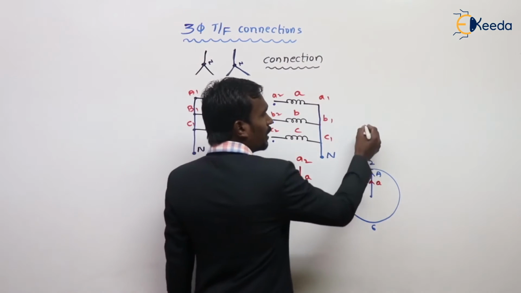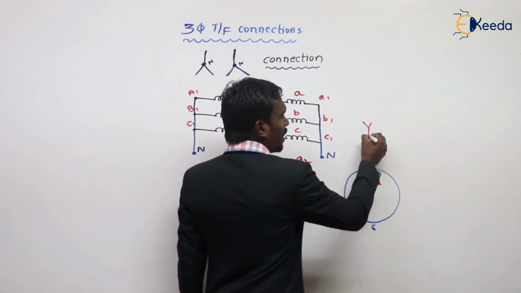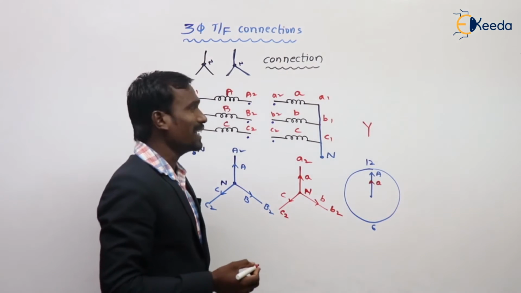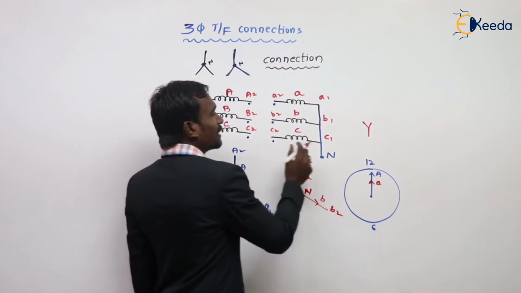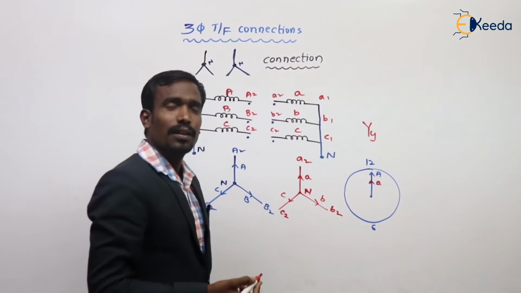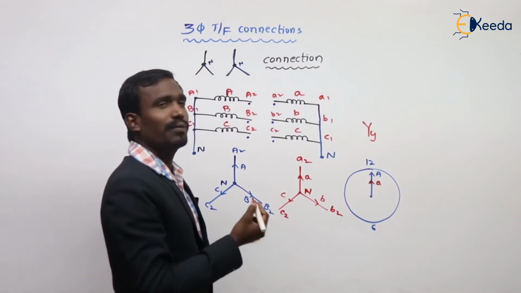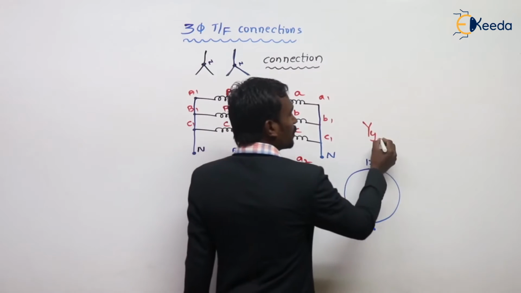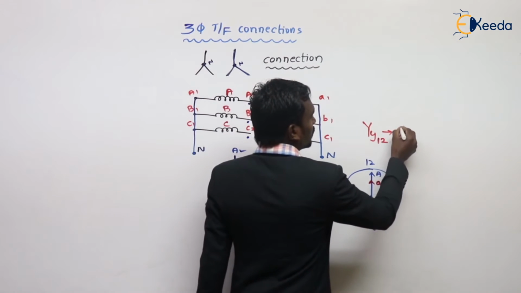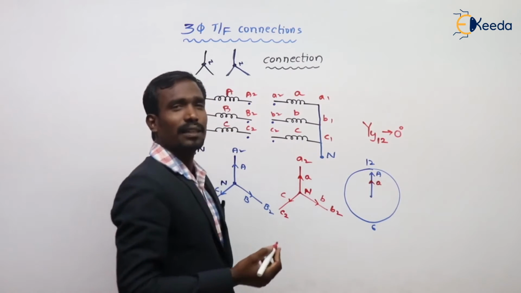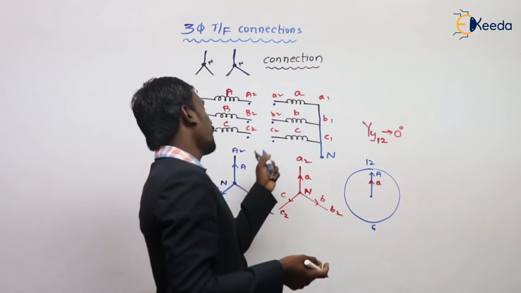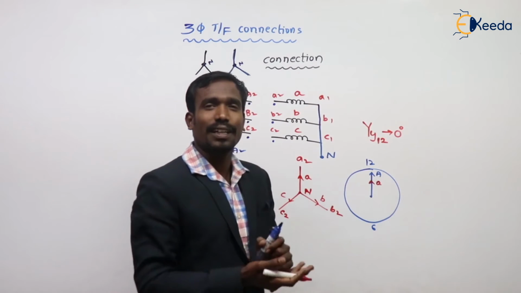So now tell me, here the primary is a star, represented with capital letter Y, and the secondary is also a star, represented with a small letter y. And the time is 12 o'clock. It represents 0 degrees displacement between primary and secondary in the star-star connection.